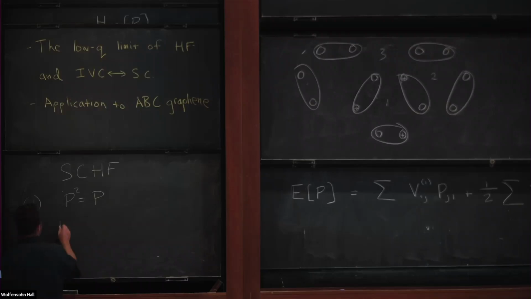Step 2, using your knowledge of the matrix elements, form the Hartree-Fock Hamiltonian, which is just a usual one-body Hamiltonian, a matrix in the space of single particle orbitals. Then, step 3, diagonalize the Hartree-Fock Hamiltonian.